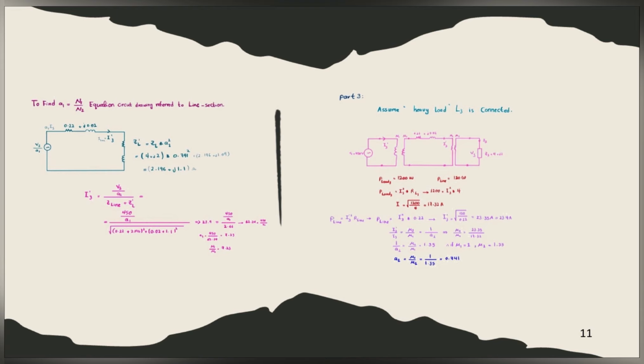For P load and P line we use Ohm's law to find I3 and I3 dash, and from the law of proportion we find M2 over M1. We take the inverse to get A2. To find A1 we use the same equation, I3 dash equals Vs over A1 over Z line plus ZL dash. We cross multiply to find A1, which is equal to 7.23.